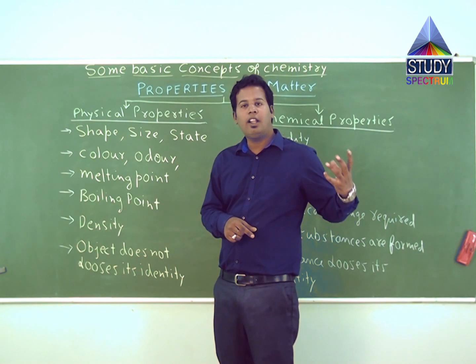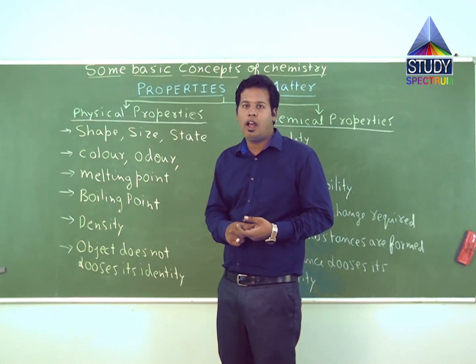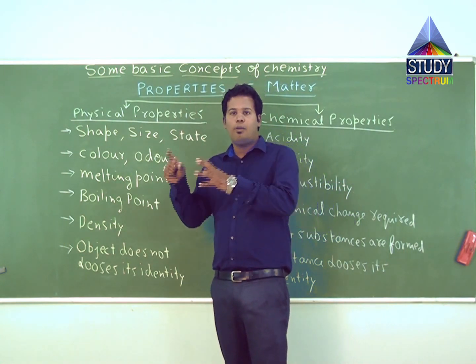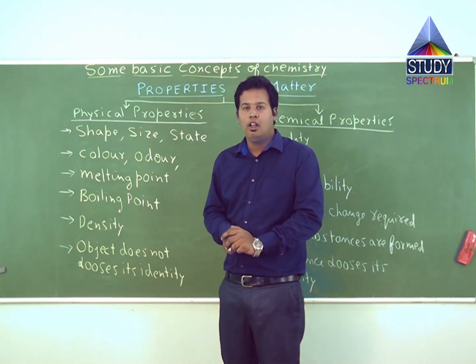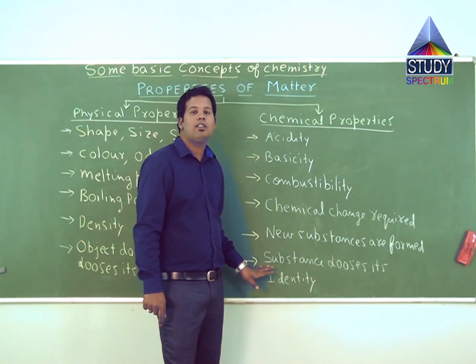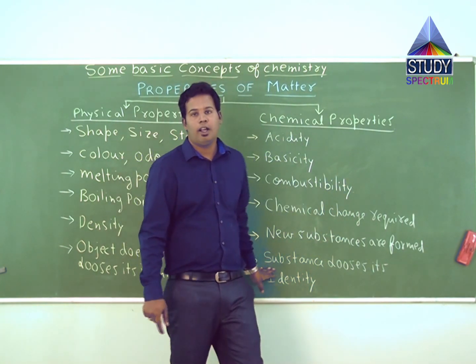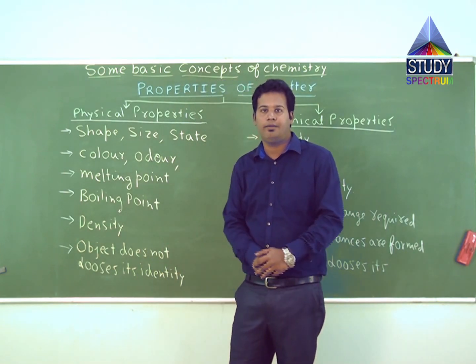The carbon trapped in that piece of coal was earlier in solid form, which has now been converted into CO2, a gaseous form, and left behind are ashes. Correct? So new substances are formed, and that is why we say the substance loses its identity in chemical properties, whereas in physical properties the substance does not lose its identity.